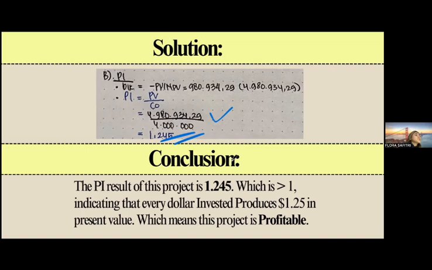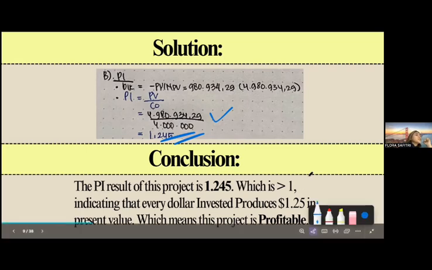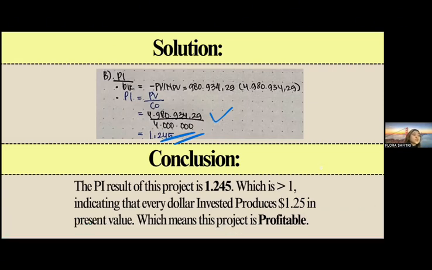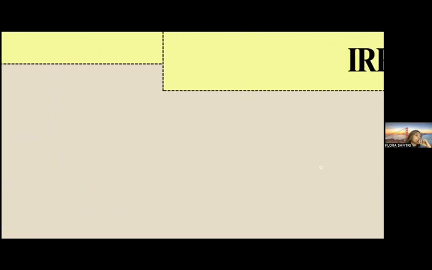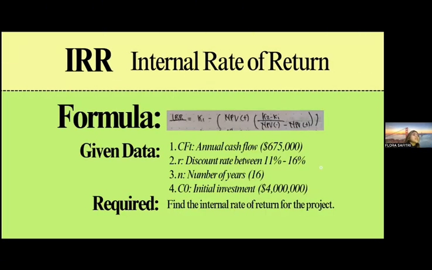The conclusion is that the profitability index of the project is 1.245, which is more than 1, indicating that every dollar invested produces $1.25 in present value, which means this project is profitable.